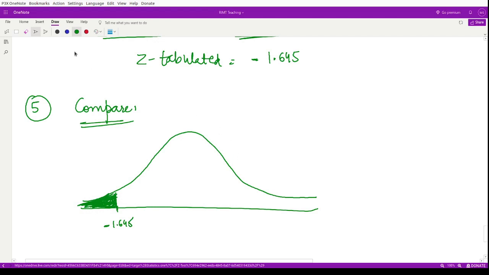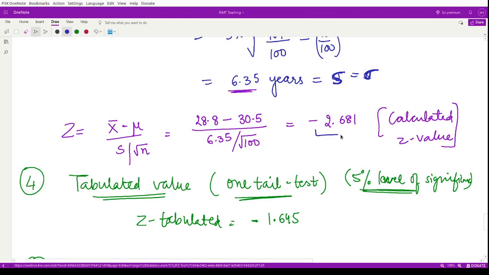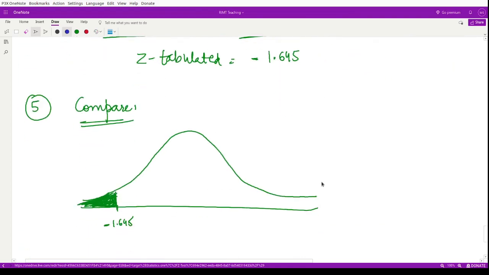Now for comparison, let's see our calculated value. Our calculated value is minus 2.681, which would lie somewhere here, because this is greater than this thing, right?